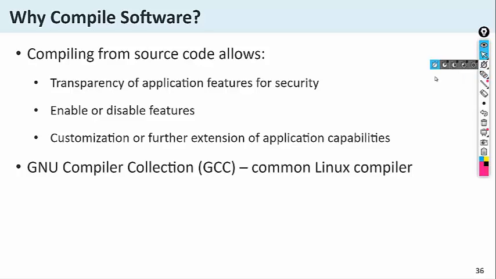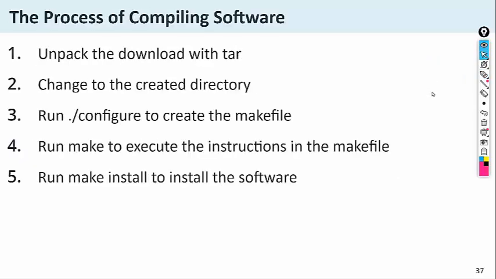Compiling the package is really very easy. There is a process that happens. First you will unpack the download. Whatever package you have downloaded, you will have to unpack by using the tar command. If it is in tar format, or if it is in gz format, you will have to run the gunzip command or the zip command we have discussed already.